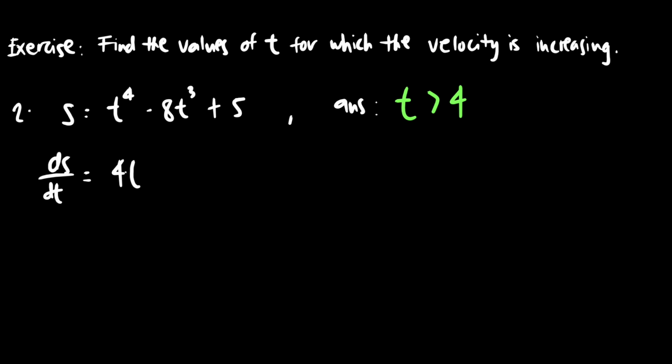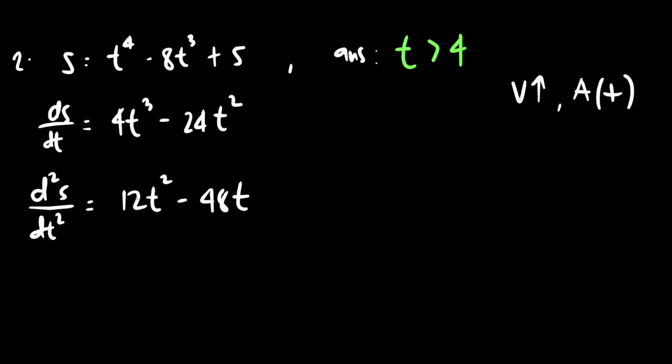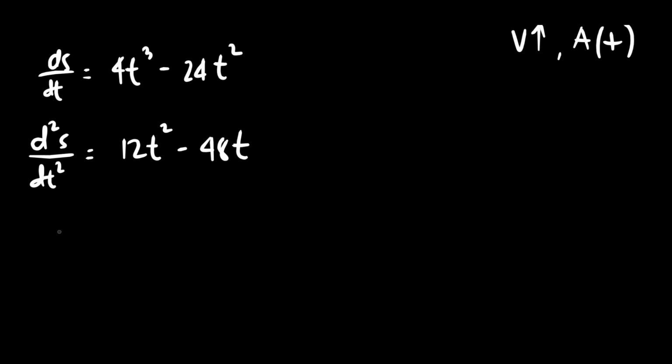So we have 4t cubed minus 24t squared. The second derivative, d squared s over dt squared, is the acceleration. So we have 12t squared minus 48t. When the velocity is increasing, the acceleration is positive. So we need again to equate the acceleration to 0.